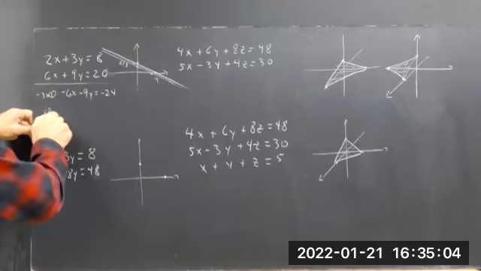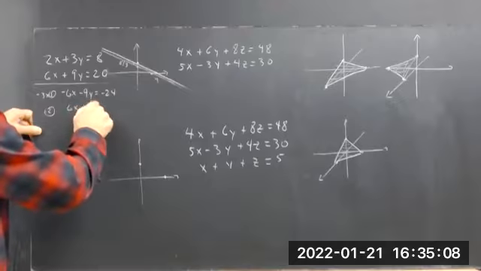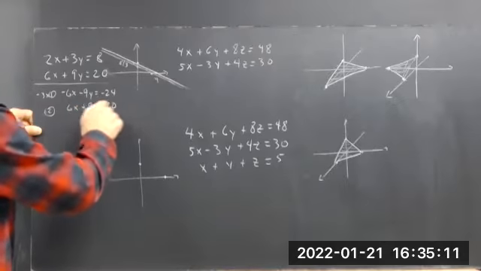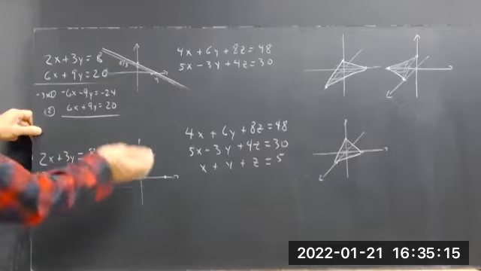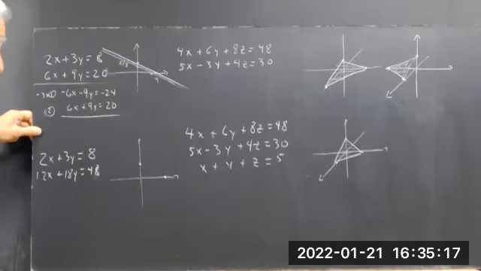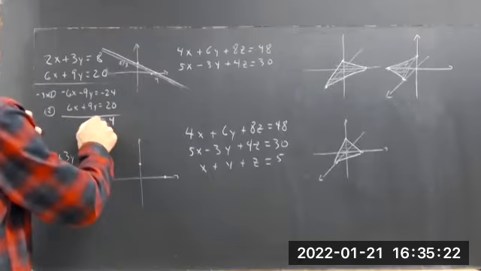And we just take the second equation, 6x plus 9y equals 20. We add them up. Well, negative 6x and 6x is 0, negative 9y and 9y is 0.